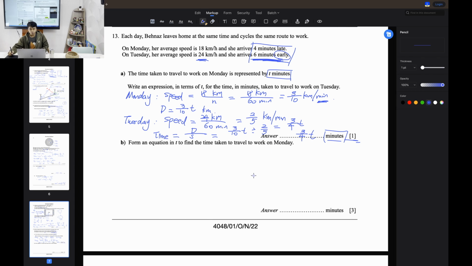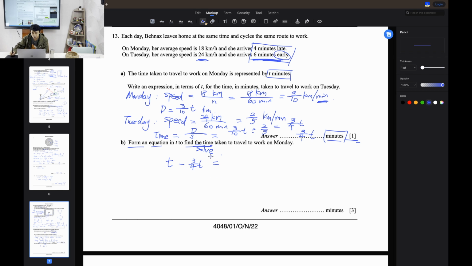Let's look at part B. Form an equation in T to find the time taken to travel to work on Monday. First of all, we need to form an equation, then solve. T minutes on Monday, and then 3/4 T on Tuesday.